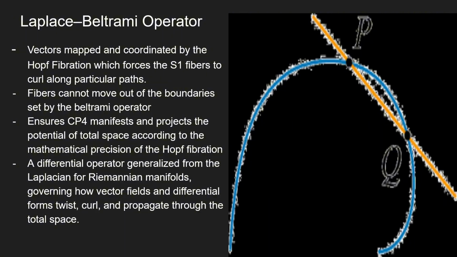And the Riemannian manifolds are how they come together to form the folds within total space and projected space. And these govern how the vector fields and differential forms twist, curl, and propagate through the total space. So every movement that an S1 fiber can make is basically filtered through these Beltrami operators, which force the S1 fibers to behave in a way that has been mapped out by the Hopf fibration.